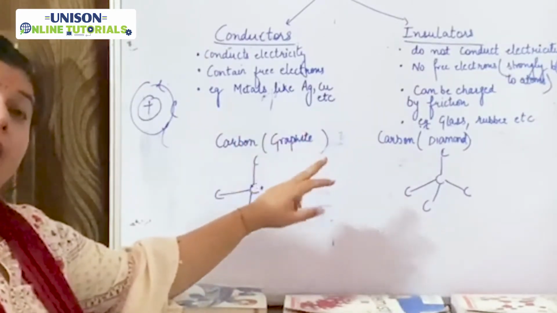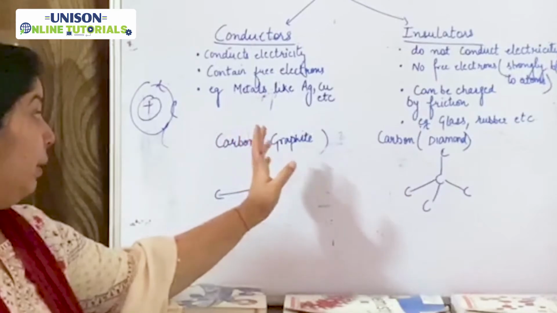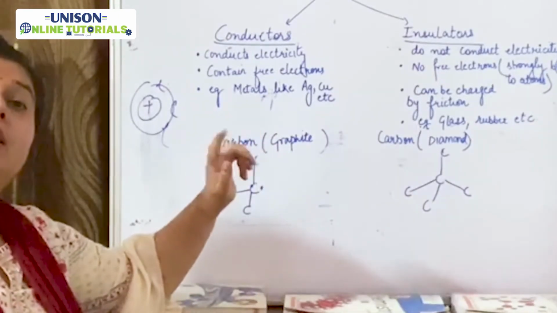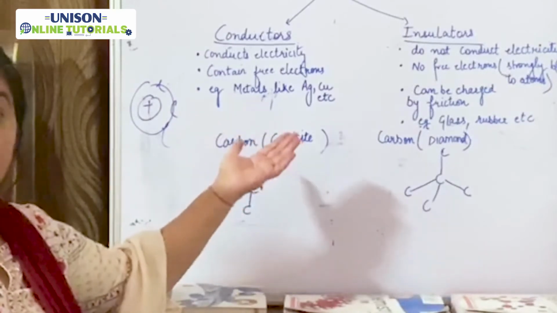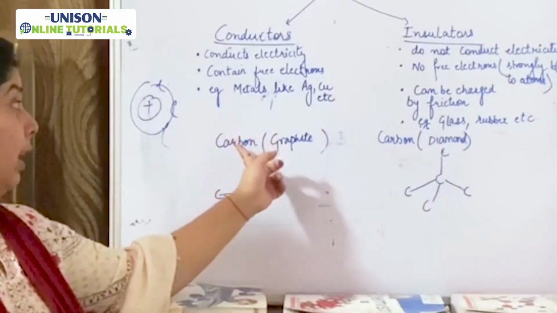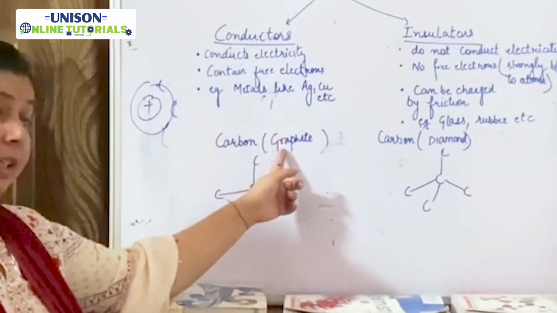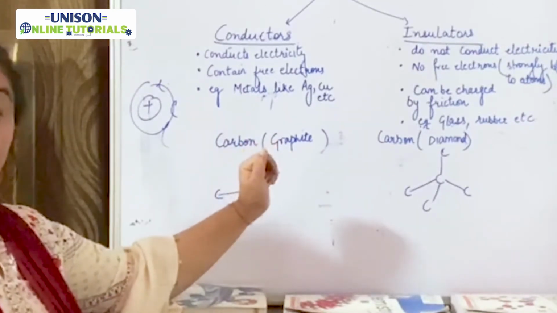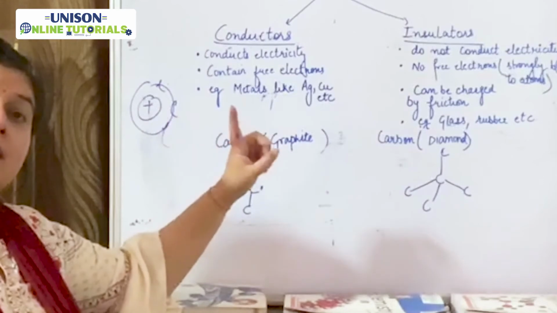देखो दोनों कार्बन है, दोनों सेम एलिमेंट है, बट एक इलेक्ट्रिसिटी को कंडक्ट कर रहा है, एक इलेक्ट्रिसिटी को कंडक्ट नहीं कर रहा. Why? The reason is carbon in the form of graphite is having one electron free. Carbon का atomic number कितना है? 6.